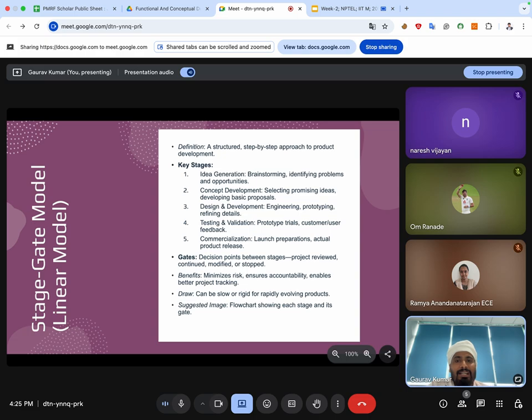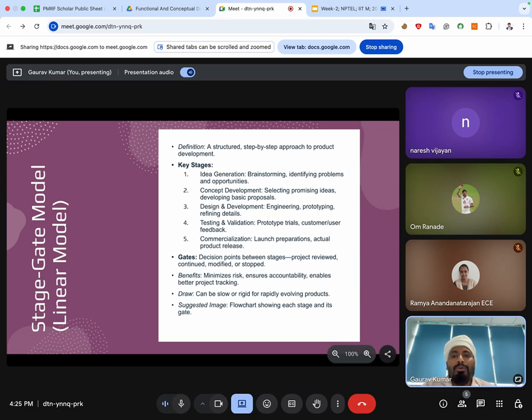So this is called testing and validation. Next one is commercialization. So final manufacturing and marketing. Then we finally manufacture the product and it goes to market for the launch.